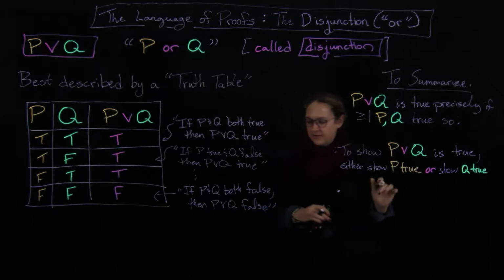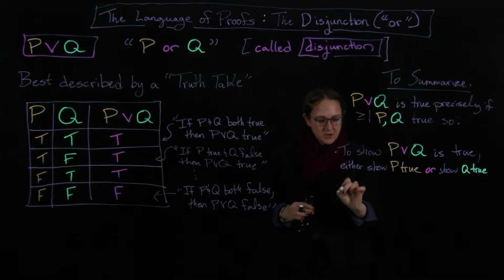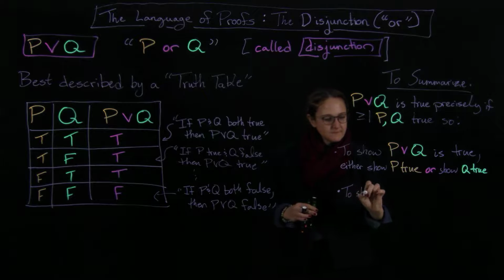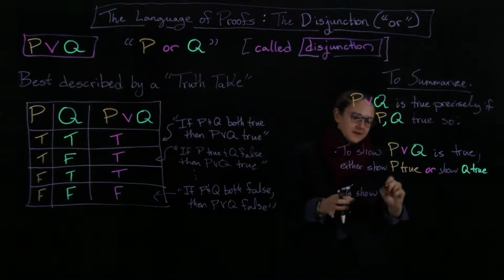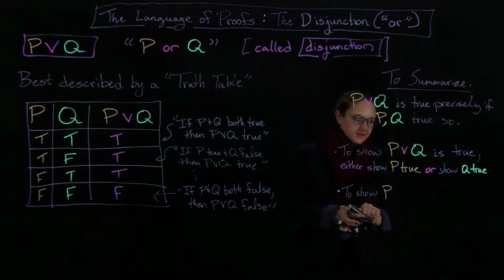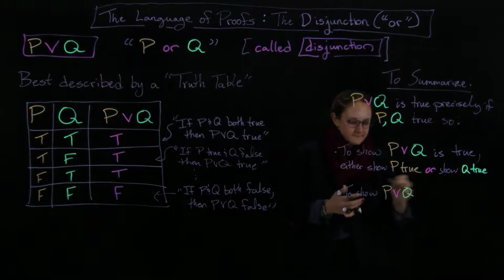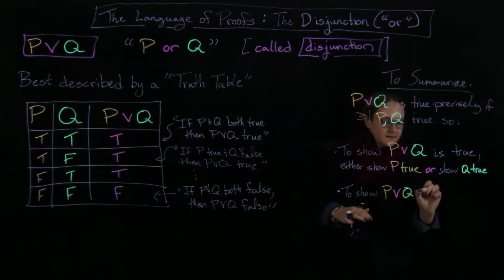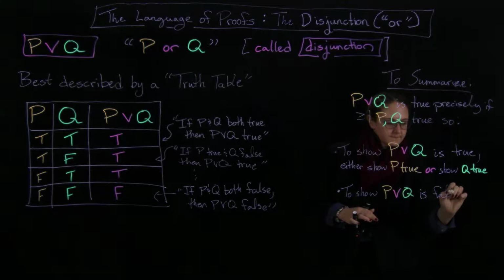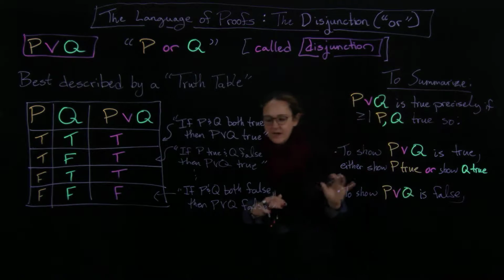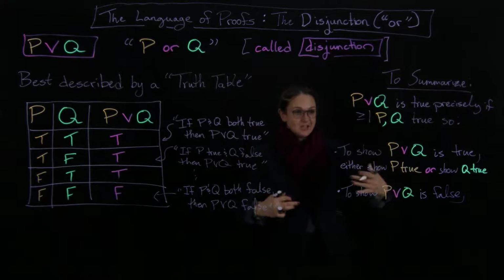The other one is to show that a statement like this, this disjunction, is false. You actually show that P is false and show that Q is false.